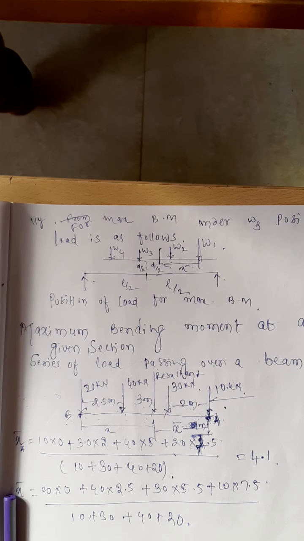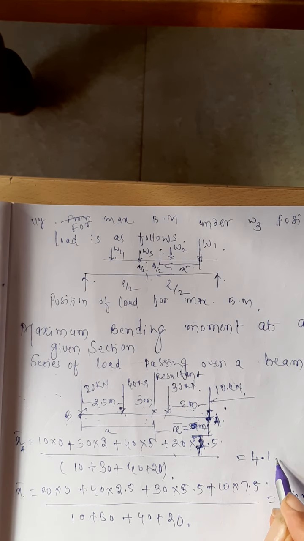So if I do like that, what am I going to get? 40 into 2.5 plus 30 into 5.5 plus 10 into 7.5 is equal to, so I will get it as 3.4.